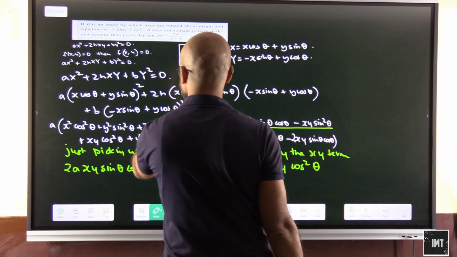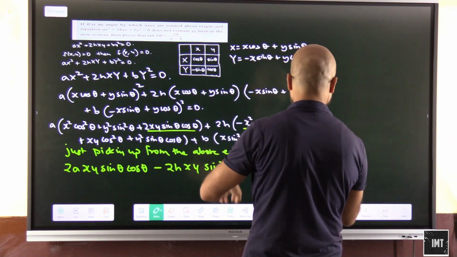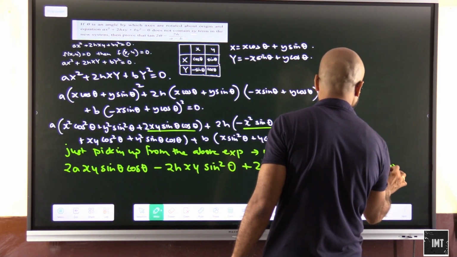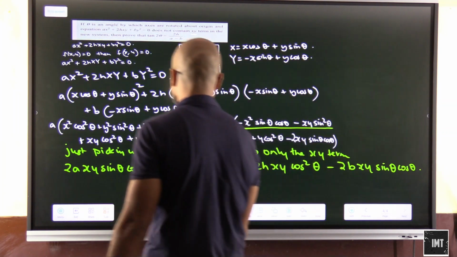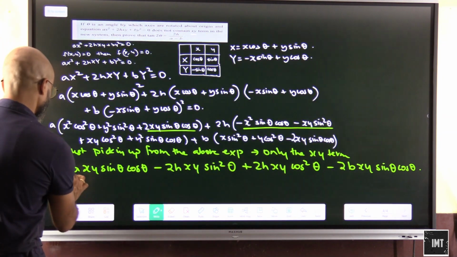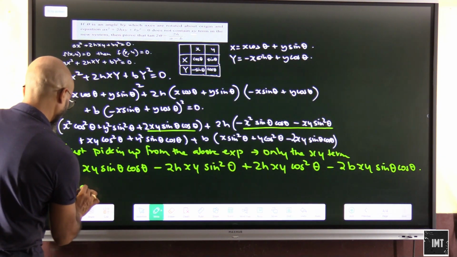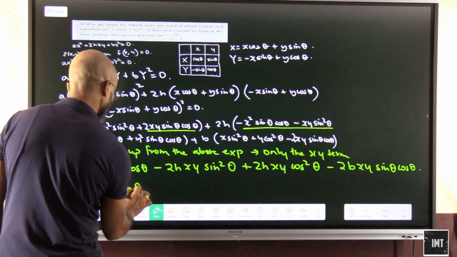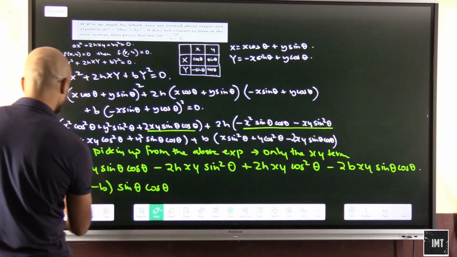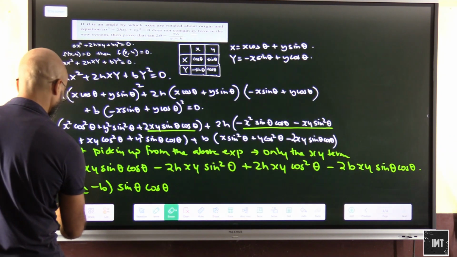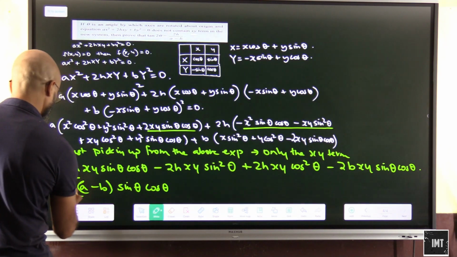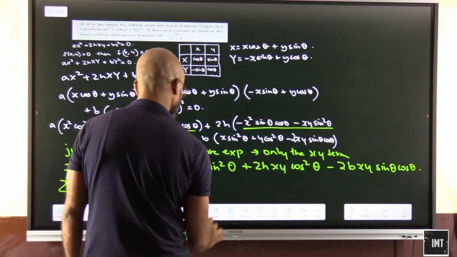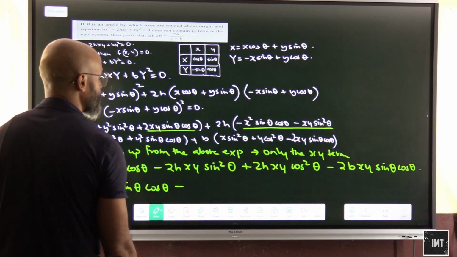Here we have minus 2b xy sin theta cos theta. Okay, so we can write this as 2(a minus b) sin theta cos theta, this 2 can be taken out, and what else do we have here, minus sin square theta plus cos square theta.